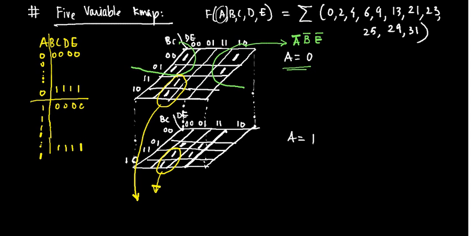So B is remaining constant. B, then see here D bar and E, isn't it? Two variables have gone. Group of 4 means 2 are diminished. C, which C is changing, right? 1 0 is changing, no? C is changing from 1 to 0.